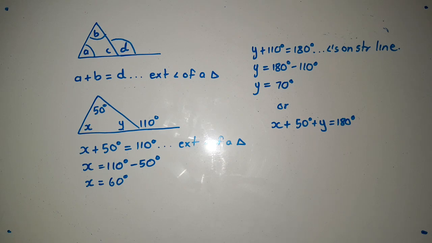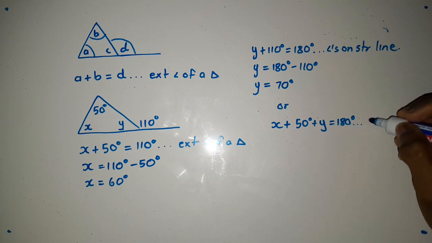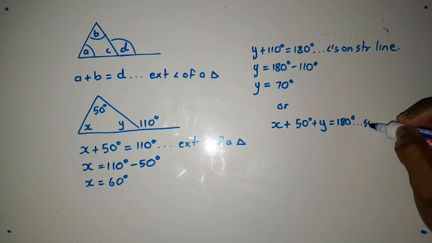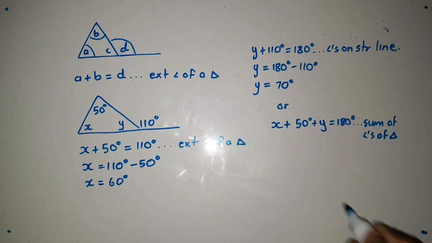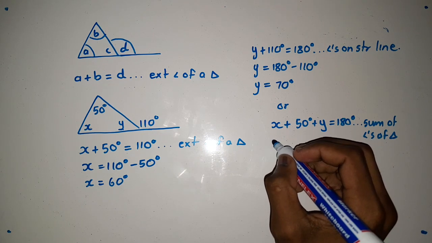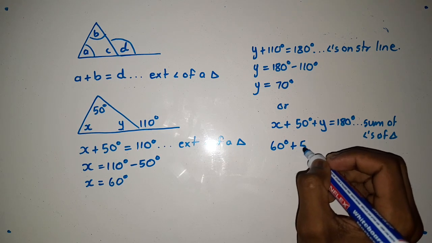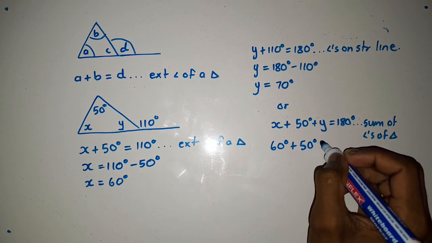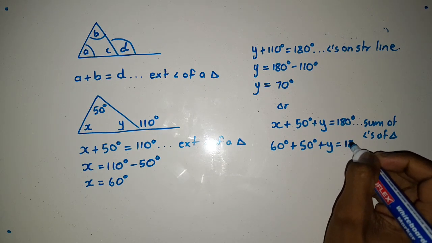Sorry, like this. The reason, then I would say I have the sum of angles of a triangle. Then we know that our x, we got 60. Then we have 50 like this plus y equals 180.